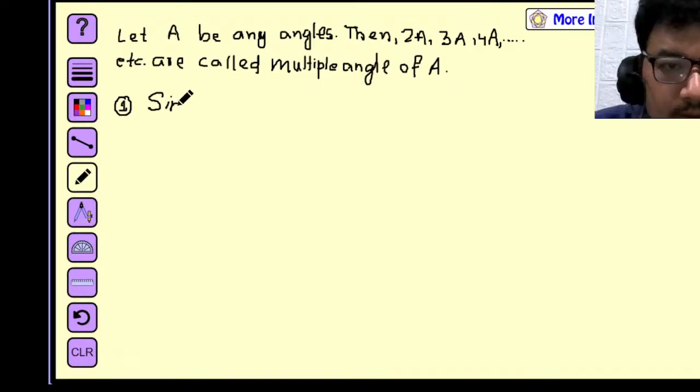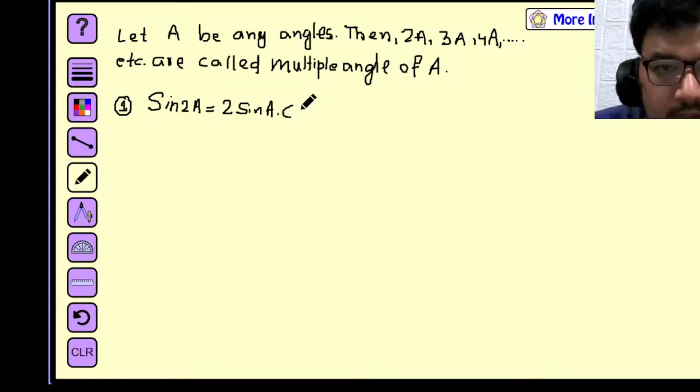In the exam, a question may also be asked to prove it. Sine 2A equals 2 sine A into cos A. This is one important formula: how sine 2A equals 2 sine A cos A.